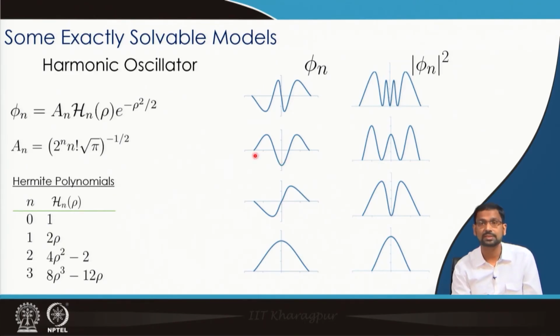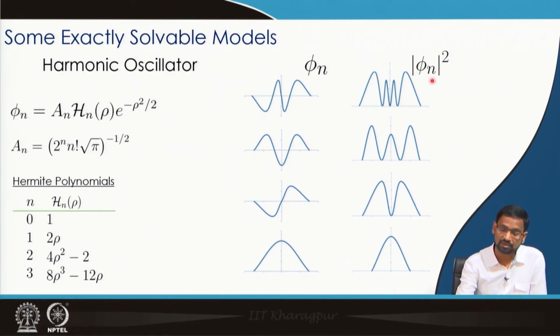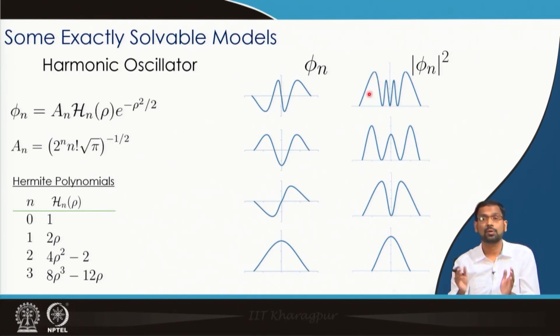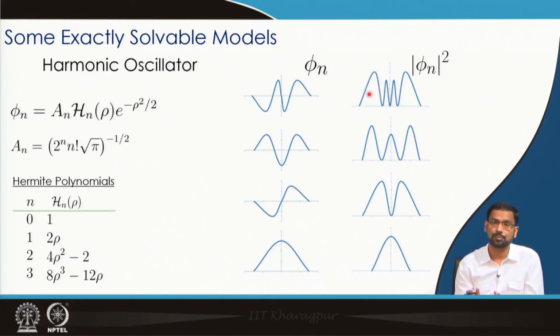When I plot psi star psi, or the probability density, that is given as phi n mod square, I get this. Of course, you can understand that now the negative and positive parts have both become positive. One important thing you notice is that as I go higher and higher, the probability of this wave function gets built up towards the sides, or towards the boundary region of this harmonic oscillator.